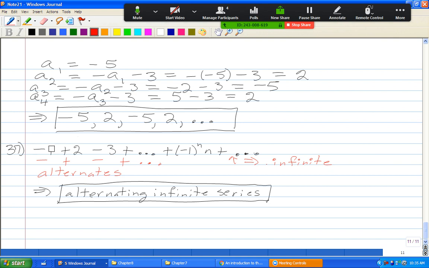But if you say, well, let's take this and group these two terms together and group pairwise, then you can get a negative. So instead of getting 1 plus 1 plus 1, you'll get a negative 1, minus 1, minus 1, minus. So here it looks like you get an infinite number of positive terms. Here it looks like you get an infinite number of negative terms.